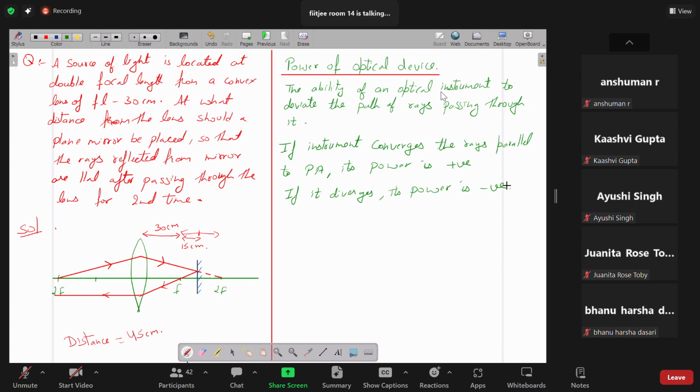Now the power, that means the ability of the lens to converge or diverge, depends upon the focal length. More the value of focal length, less will be the ability to change or deviate the path. So that means power and focal length have an inverse relation. For example, say I'm having two lenses with me.